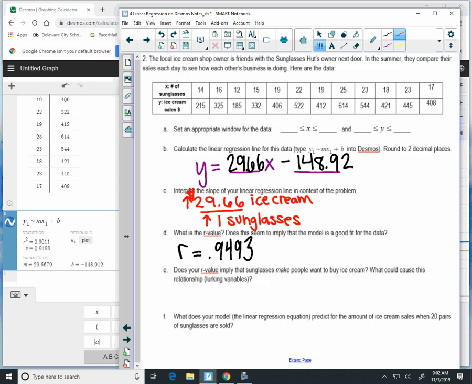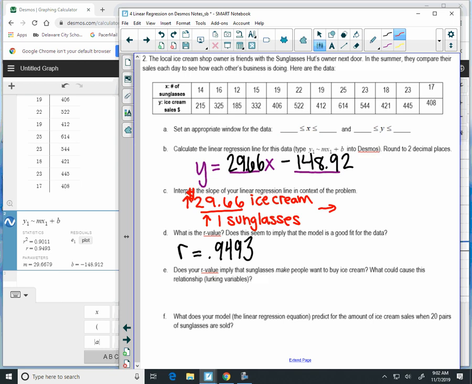So for every increase in ice cream sales of $29.66, we're seeing an increase in sales of one pair of sunglasses. Ice cream going up means sunglasses are going up.